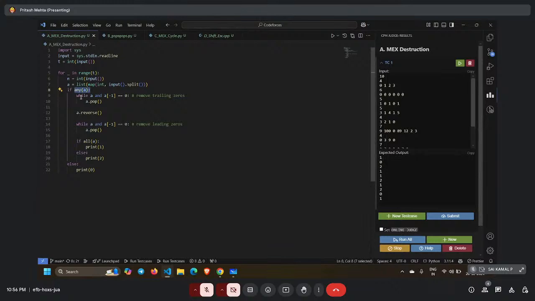Now there are two options: either the answer will be 1 or the answer will be 2. So if we remove leading and trailing zeros, which I have done in these 5 lines, then if we get an array which doesn't have any zeros, the answer would be 1, else the answer will be 2.